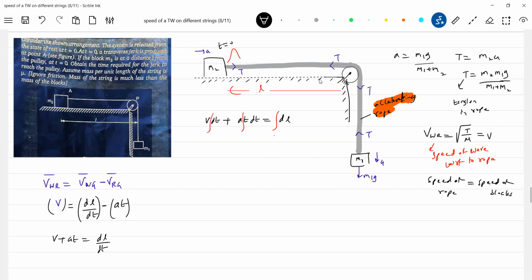What should be the limit? 0 to L. Okay, this will become at square minus 2VT plus 2VT minus 2L equals 0. It's a quadratic equation, let me solve this.